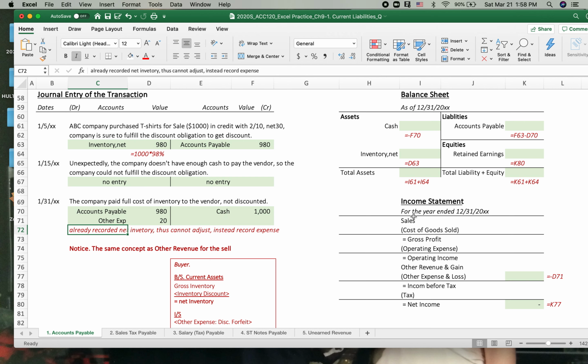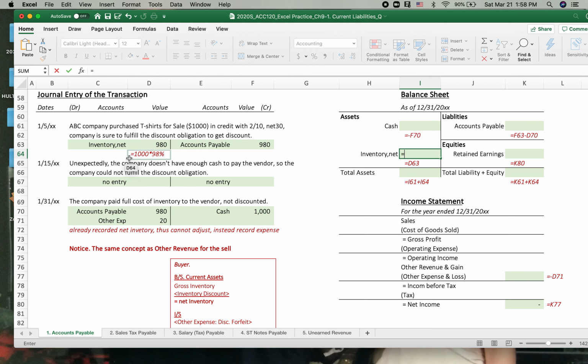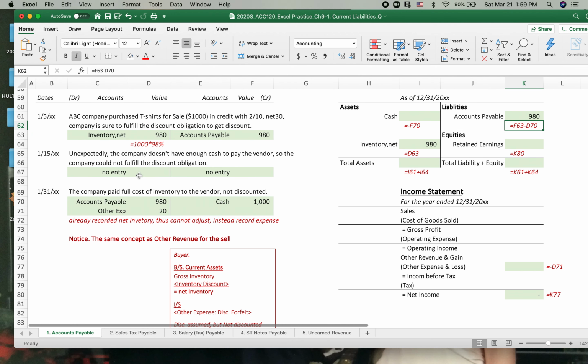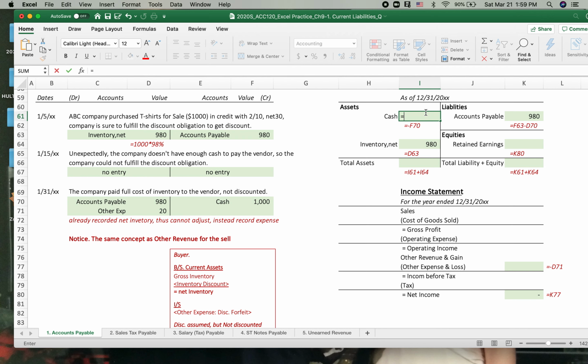Let's link this journal entry on the balance sheet and income statement. Inventory net amount, we started at the net, so we don't consider any inventory discount or the gross inventory. Then accounts payable, 980, so matched out. No entry on January 15th. At the end of January, now cash out $1,000, negative $1,000. And then accounts payable now minus 980.